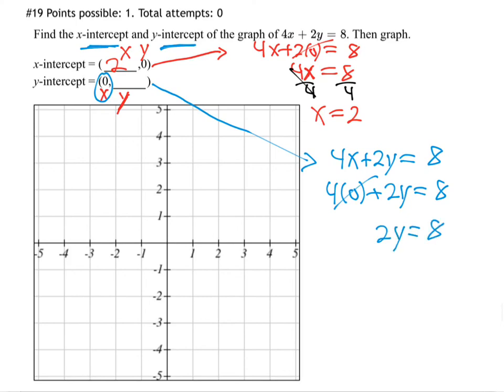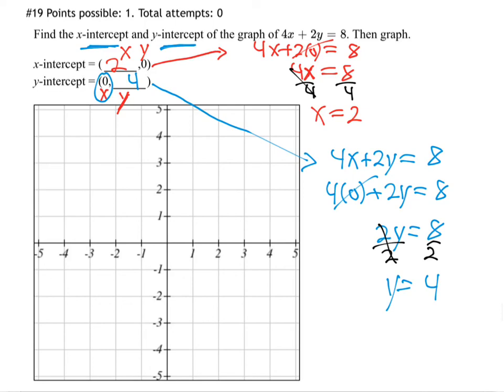And how do we finish solving for y? So I plugged in 0 for x. So what do I do to solve for y there? Divide by 2. Y is 4. Everybody see what we're doing there? So I just plugged in 0 for y the first time and 0 for x the second time.